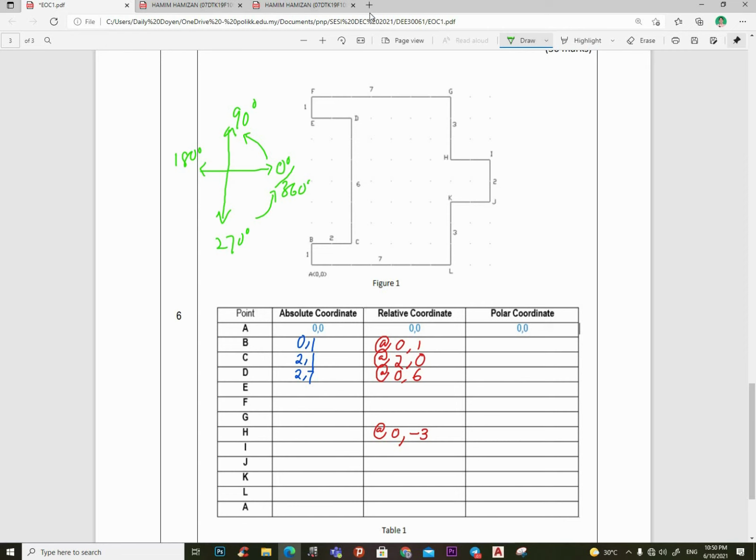When you're writing a command, if you're using polar coordinates, the command will look like @distance<angle.